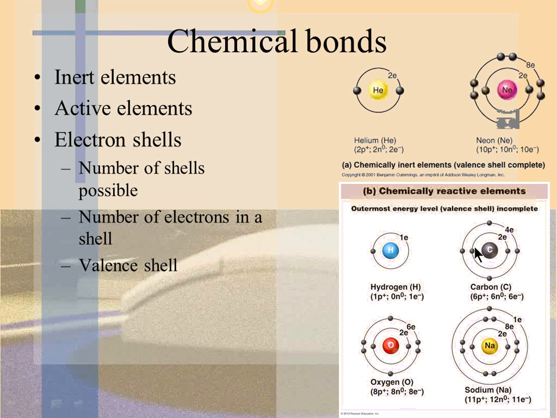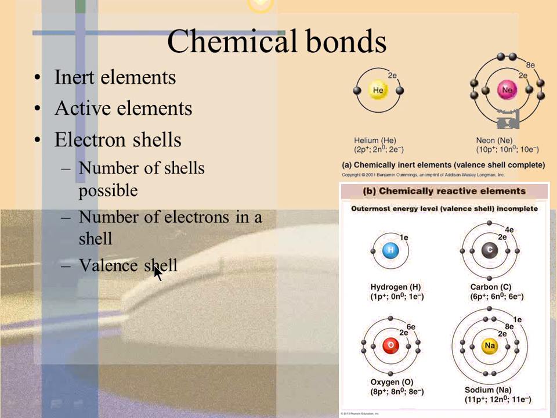If it gives away 4, then it will have 2. Remember, it has to get either 2 or 8. In the first orbit, if there's only 1 orbital, then it can have 2. But otherwise, whatever others there are, only 8 is allowed in order for it to be stable. So it has to give away 4 or get 4. Okay?